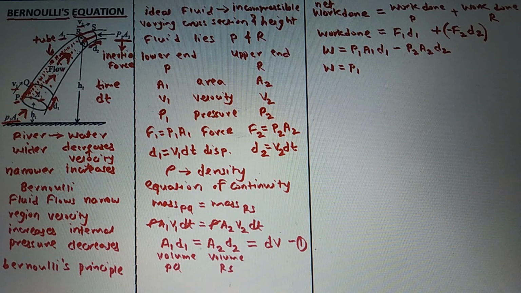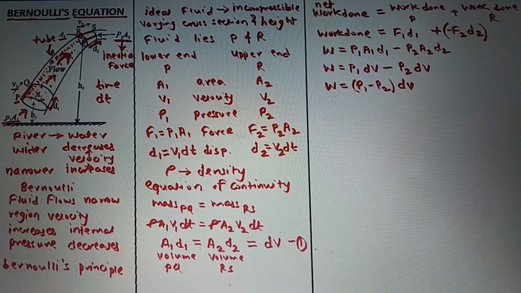According to equation number 1, A1D1 is equal to volume dV, minus P2 into A2D2, which is also equal to volume dV according to equation number 1. So the work done W is equal to P1 minus P2 into dV. Taking dV common, W is equal to P1 minus P2 into dV. And this work done W is the work done by the fluid when it flows from the lower end P to the upper end R.